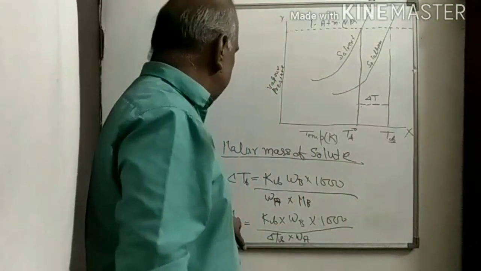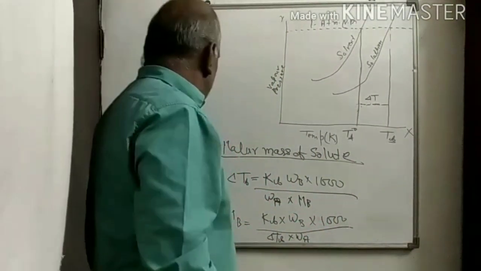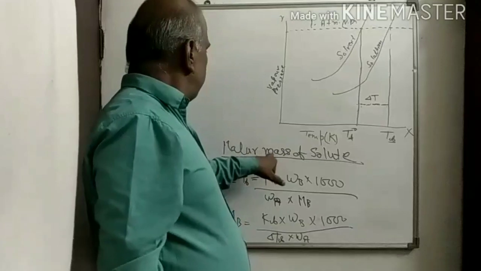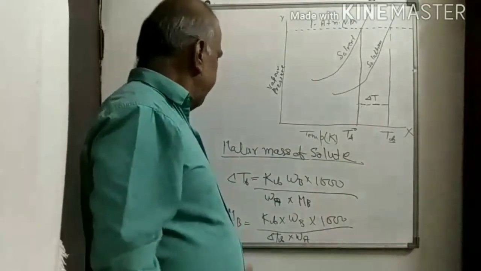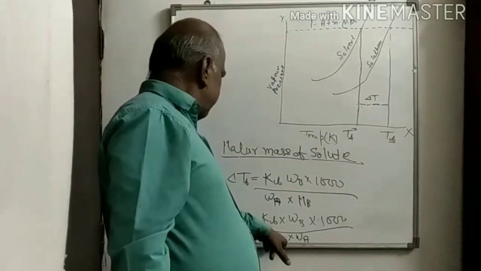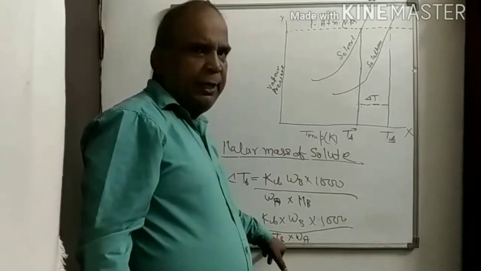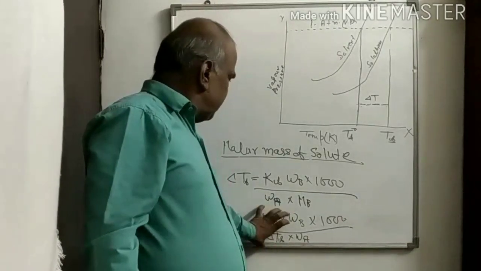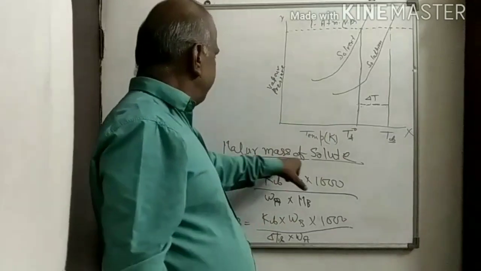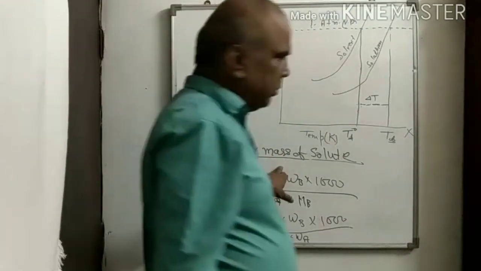Okay, now by using this formula, note down, we can calculate the molar mass of the solute in case the elevation of boiling point is given. This is the important formula for this calculation. Note down, student.